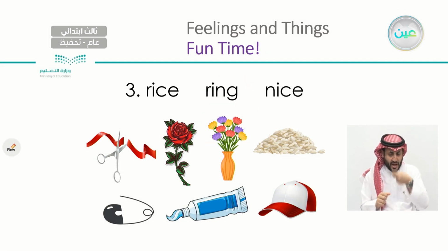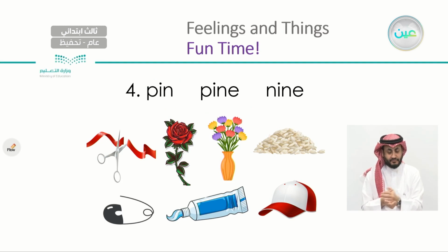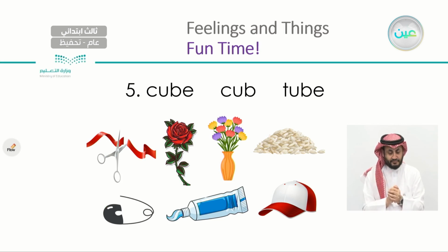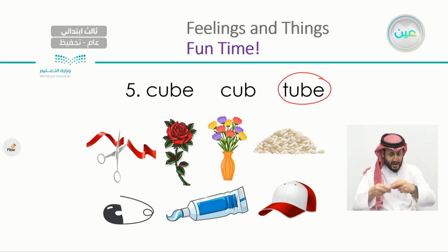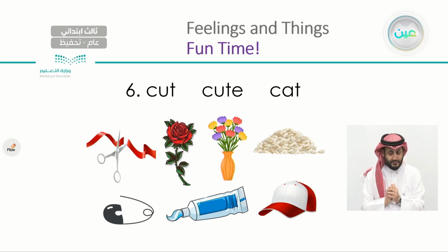Number 3, rice. Number 4, pin. Short I. Over here, picture of a pin. Number 5, tube. Here is a picture of a tube. Cut.